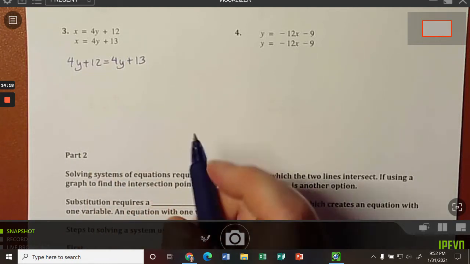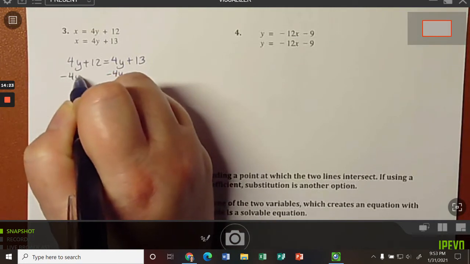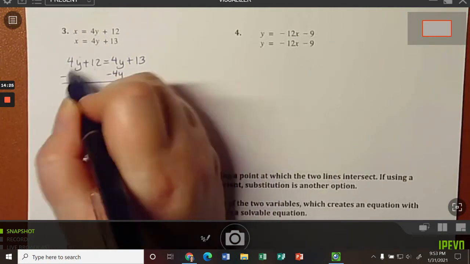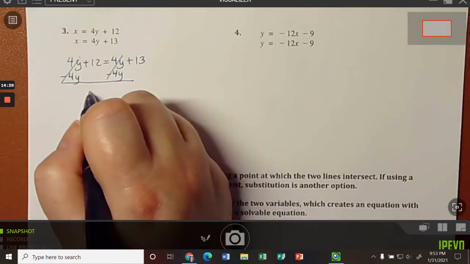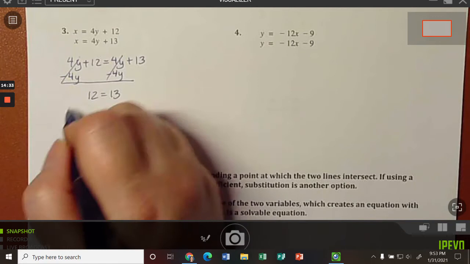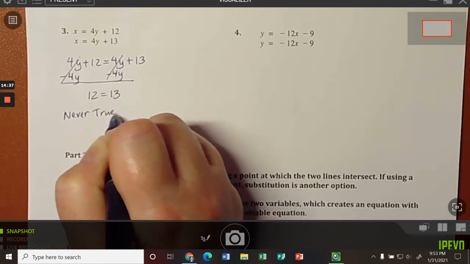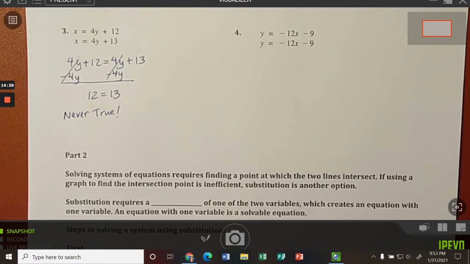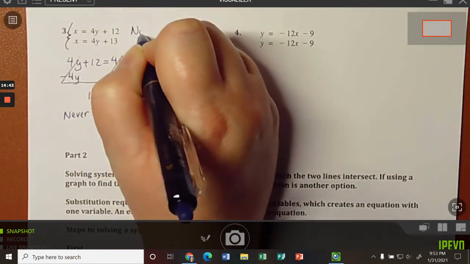So when we try to simplify this equation, subtract 4y from each side, we end up with 4y minus 4y is 0. So we end up with this statement, 12 is equal to 13. Well, that's never true. Okay, 12 is not equal to 13, which means that this linear system has no solution.